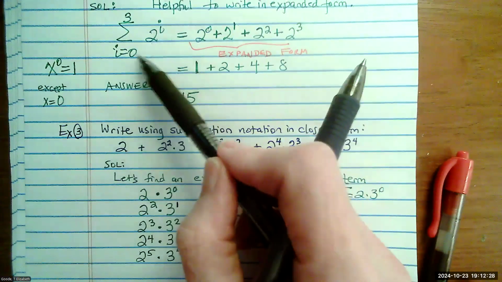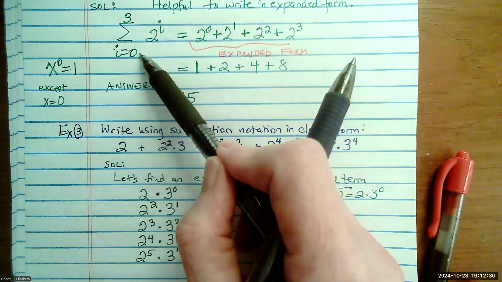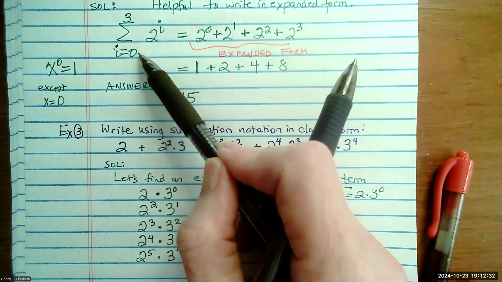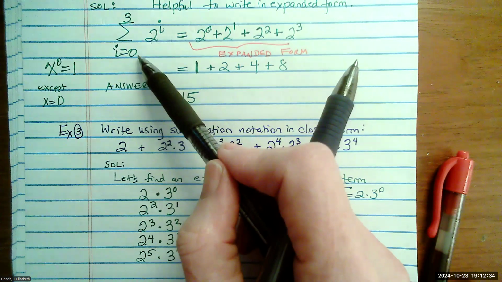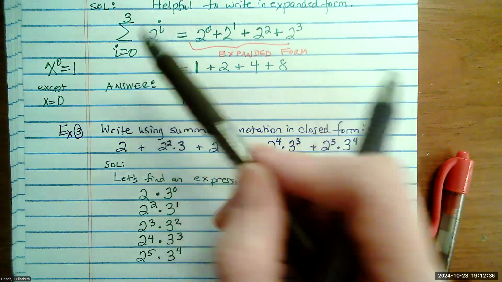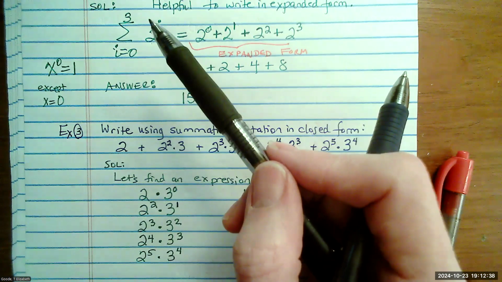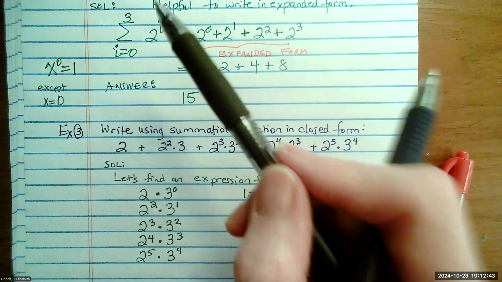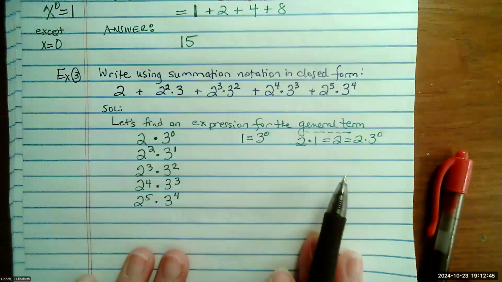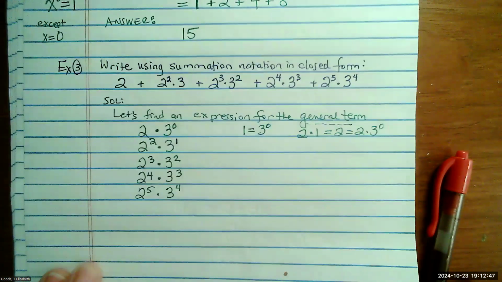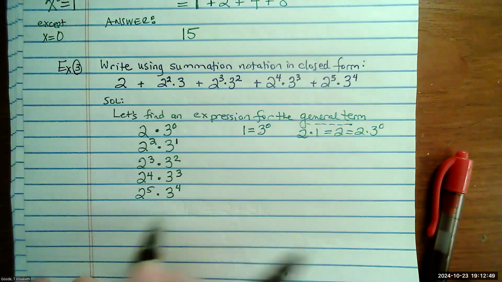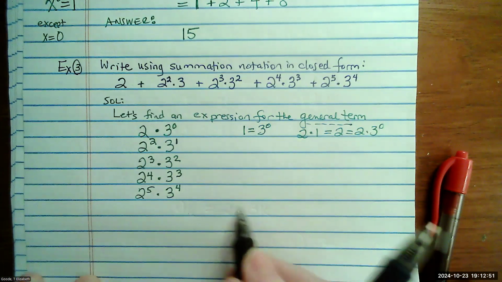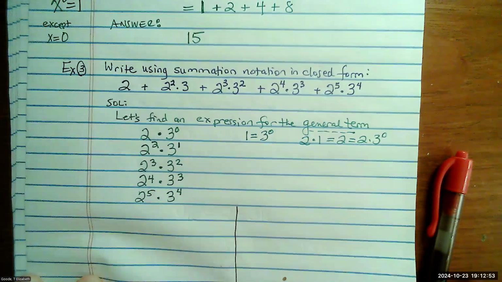Like our indexing lower limit was 0 in the last example. But it doesn't have to be, but it can be. Just depends upon how we want to do it. So we'll do 2 solutions. It's nice to have some choices.